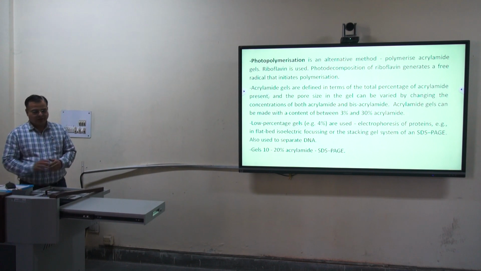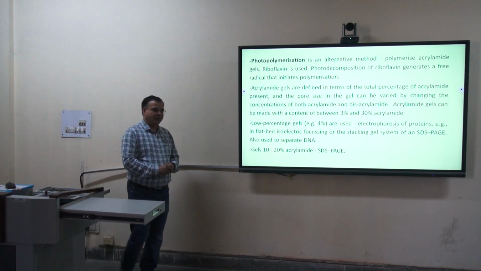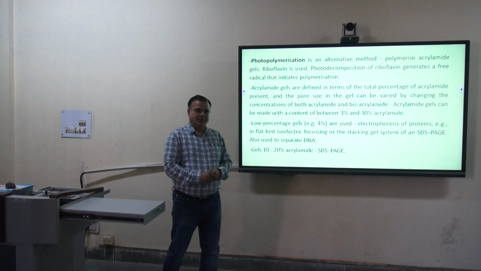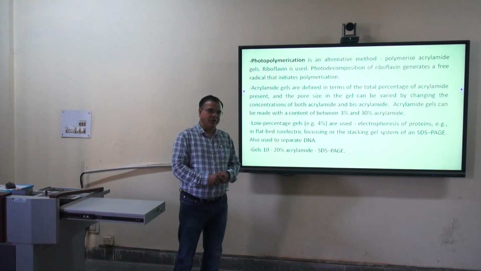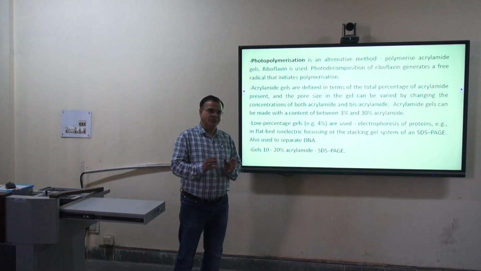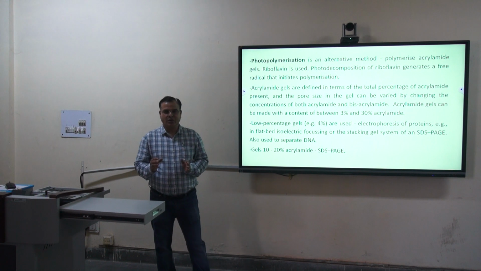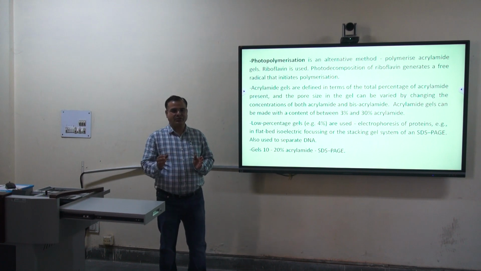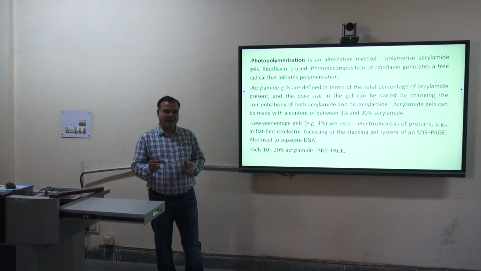As far as the concentration of the gel and pore size of the gel, that depends upon the molecules we are separating. Suppose we are separating protein molecules, we have to be sure about the range of size of the protein molecules. So depending upon the range of the size of the protein molecule, we have to fix the concentration of acrylamide and bisacrylamide.